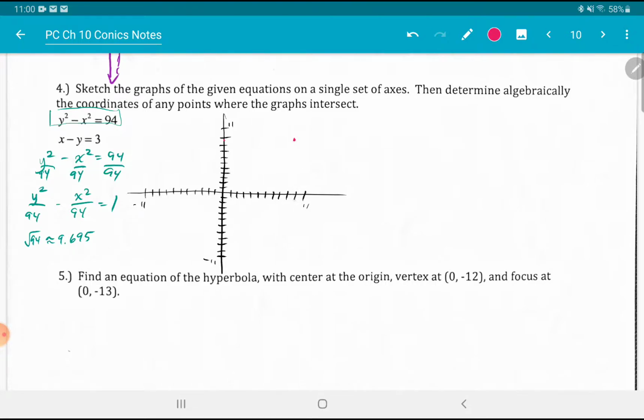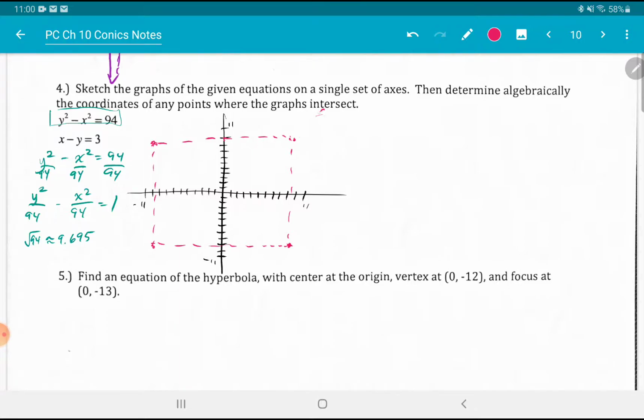Do the same thing on all sides. Right around there. I hope that's accurate.